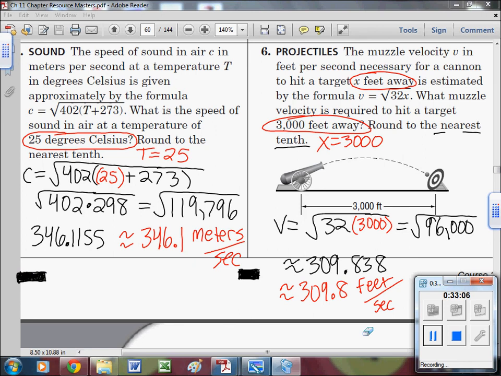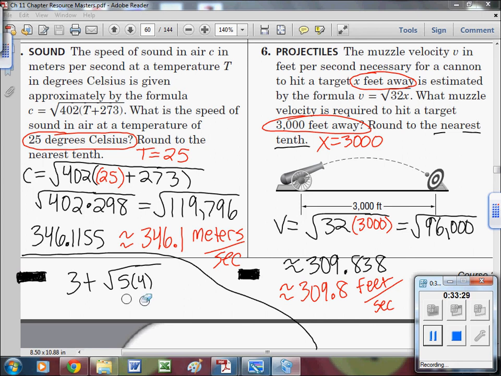All right, guys, so this is just another example of using a formula with a square root in it. Big deal. Just know as long as you follow the order of operations and do the square root when it needs you to do it, you're good to go. As one final aside note, I didn't have any examples that did this, but if you had a formula where you had, I'm making this up, 3 plus the square root of 5 times 4, you have to do what's in here first, then do the square root, and then add 3.